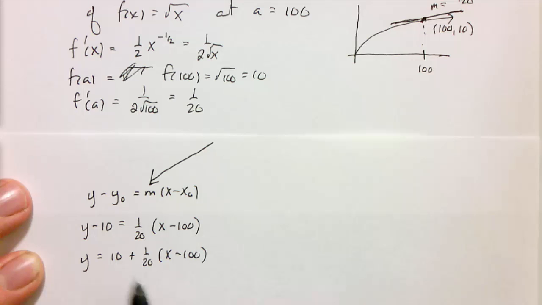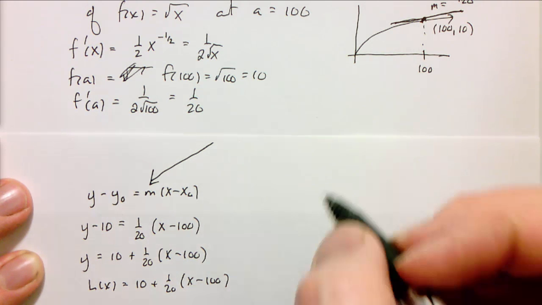Now we could go ahead and reduce this to slope-intercept form, but for many of the problems in this section, it's a little more convenient to leave it like this. But this is just the equation of the tangent line. In this section, it gets a new name. That is L of x. We call that the linearization of the square root function at the point 100.